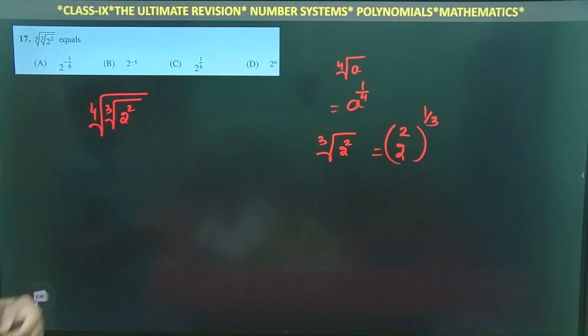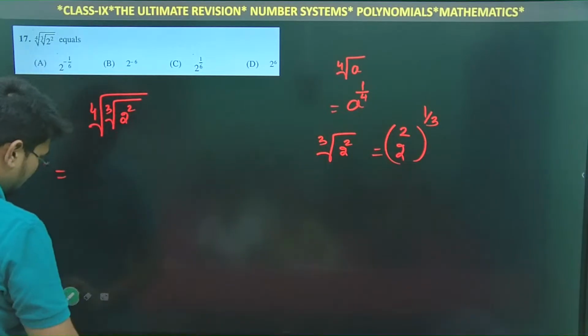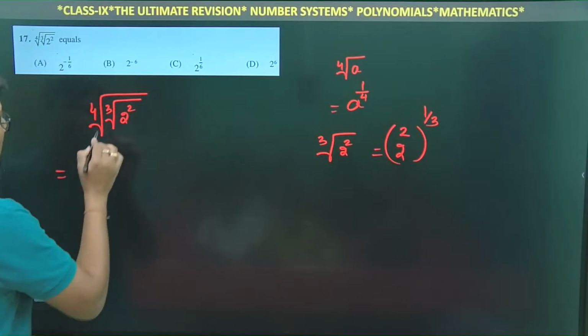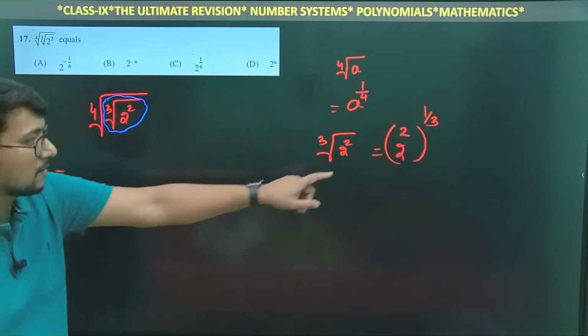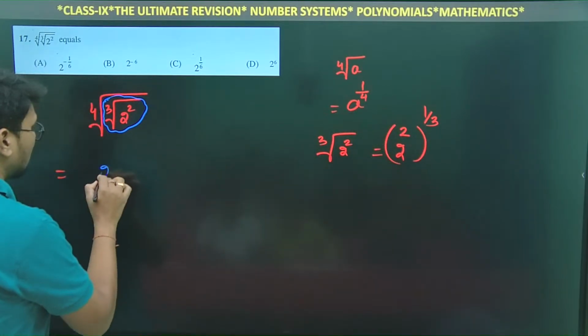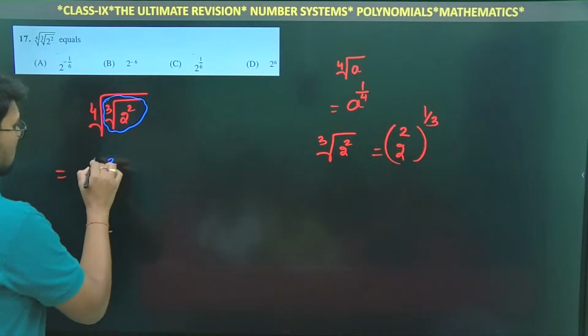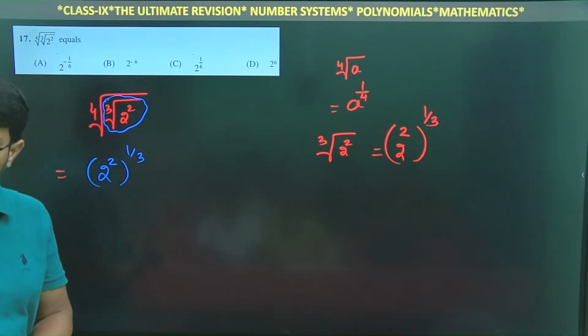Is not it? So now check karo, while solving this, we can write first this one, right? Again, that is 2 to the power 2 whole to the power how much? 1 by 3. Got it?